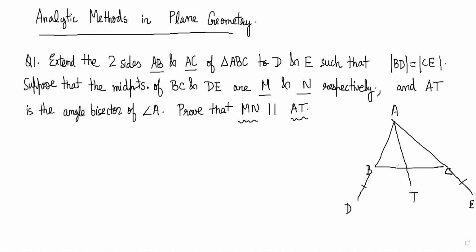Midpoint of BC and midpoint of DE are connected. You have to prove that MN is parallel to AT. So this figure is fine, but we'll want to work with a slightly different figure here.